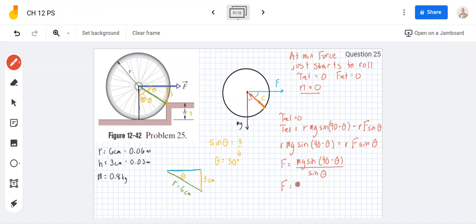My m is 0.8, 10 sine... and I got F is equal to 13.6 newtons.